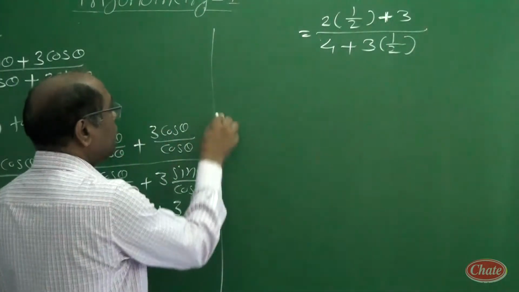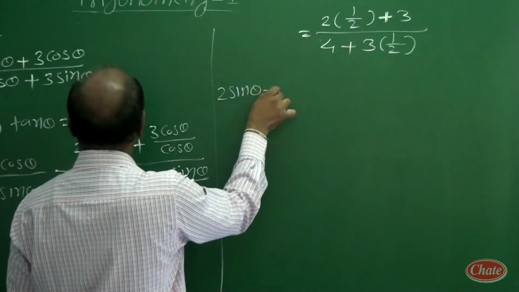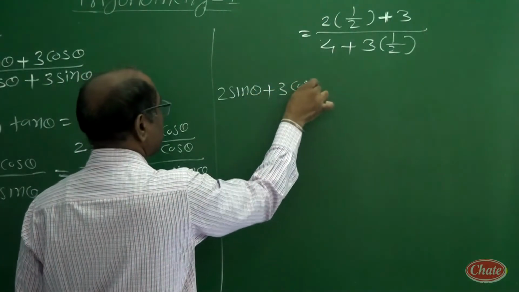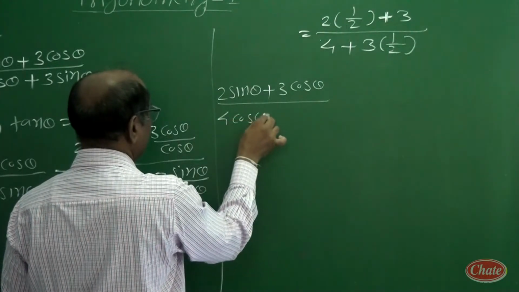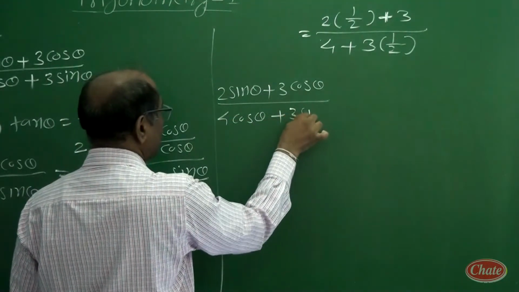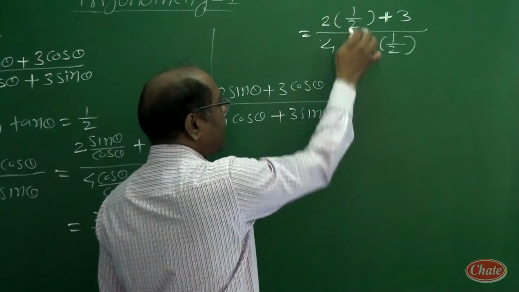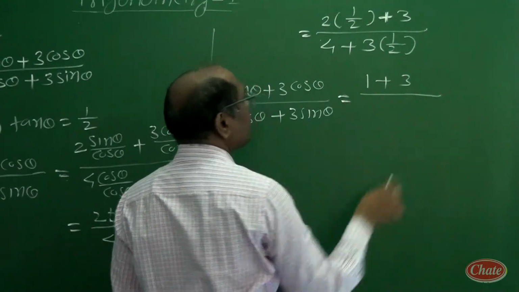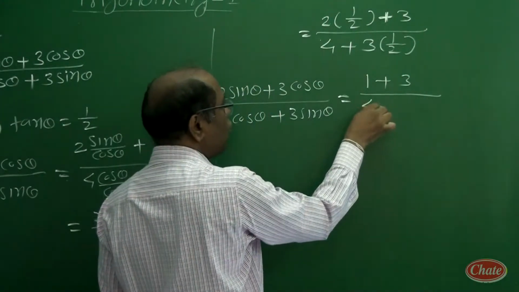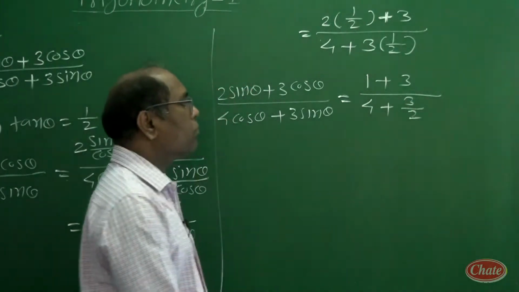Therefore, (2 sin theta plus 3 cos theta) divided by (4 cos theta plus 3 sin theta) is equal to, here 2 gets cancelled, so we get 1 plus 3 divided by 4 plus 3 by 2.